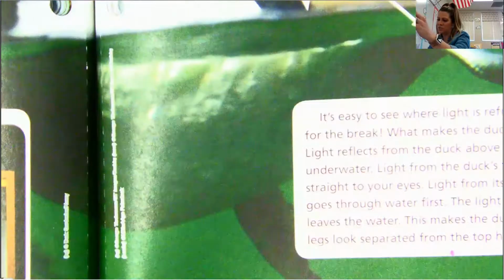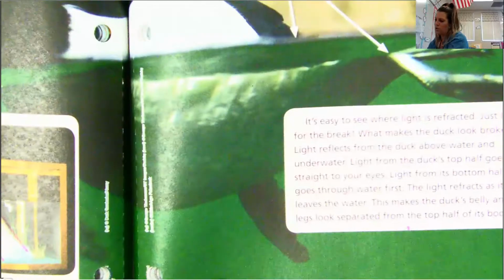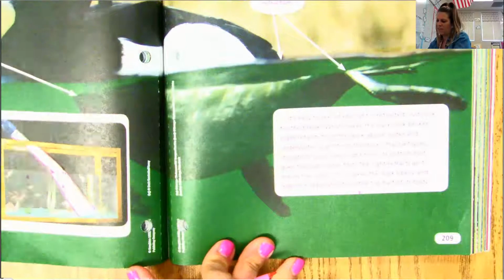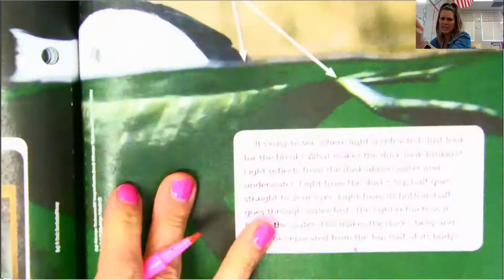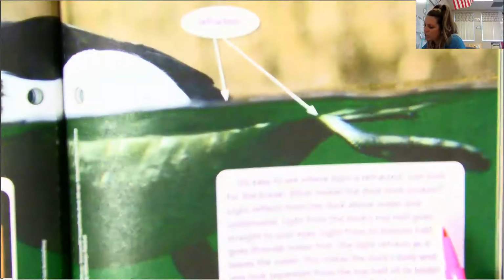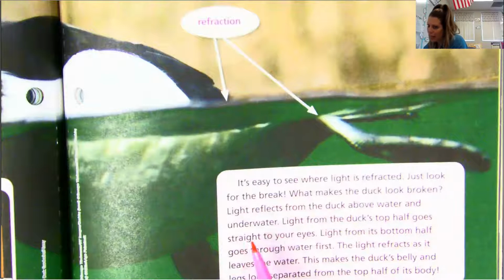So let's focus on this duck. And they're pointing to the bottom, the reflection, the shadow of the duck. And then they've got refraction written on it. So it says, it's easy to see where light is refracted. Just look for the break. What makes the duck look broken? Light reflects from the duck above water and underwater.